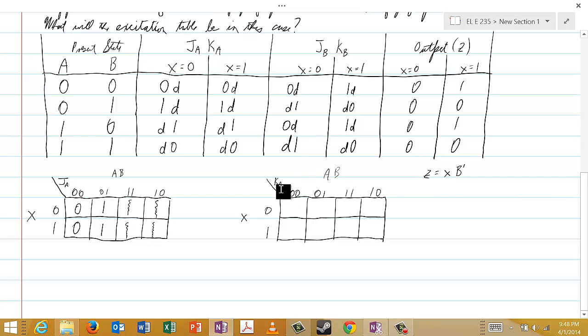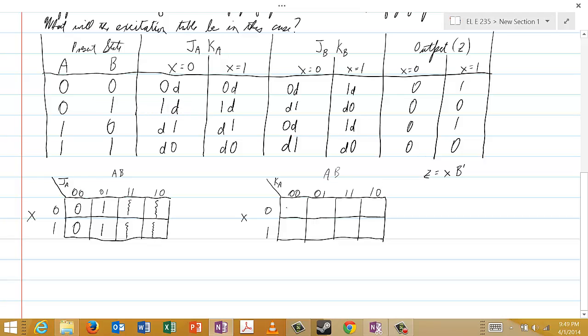We're now looking for KA, which is the second number in each one of these pairs. First, we'll go for x equals 0, so that's the top row of the Karnaugh map. And when A is 0 and B is 0, KA is don't care, and the same when A is 0 and B is 1, it's a don't care.